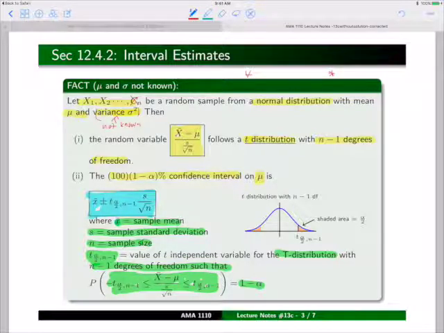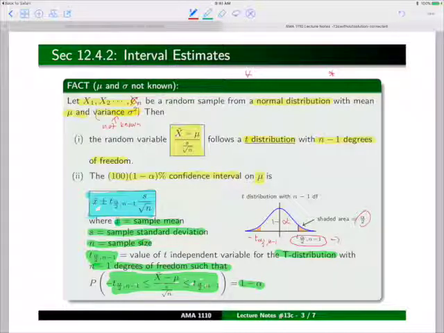You can see the picture here. This is t alpha over 2, and this is minus t alpha over 2, with n minus 1 degrees of freedom. The area to the right of t alpha over 2 is alpha over 2, and the rest of the area in between, the unshaded region, is 1 minus alpha.